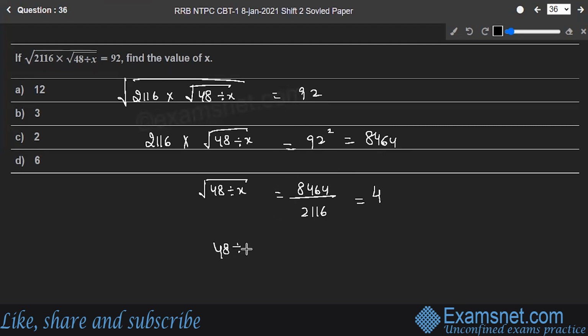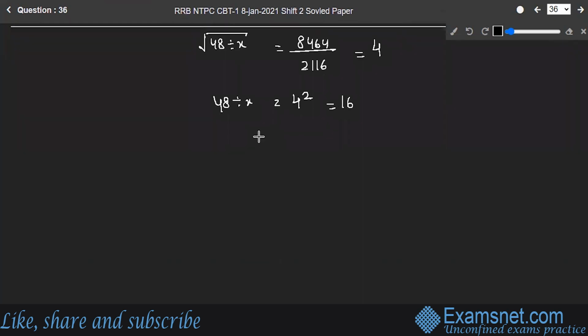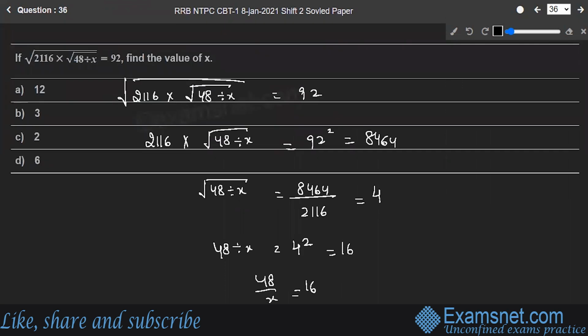So 48 divided by x is equal to 4 squared, which is equal to 16. 48 divided by x is equal to 16, or 48 divided by 16 is equal to x, which comes out to be 3. So this is the answer to our question, option B.